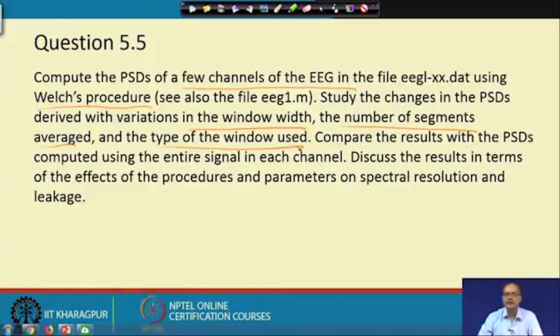That means, without averaging, if we take the entire signal and compute the PSD, what are the changes we get with different window width, different number of segments and type of window. And we have to discuss the result at the end. So, that is the task given to us.